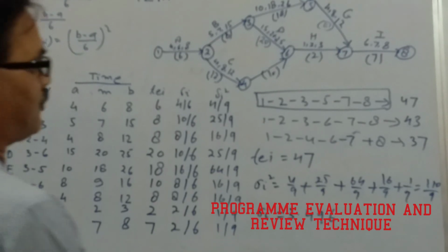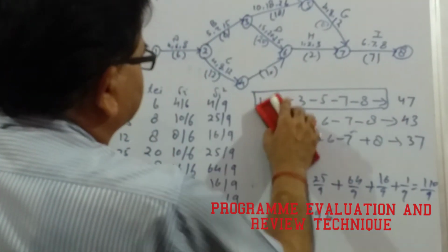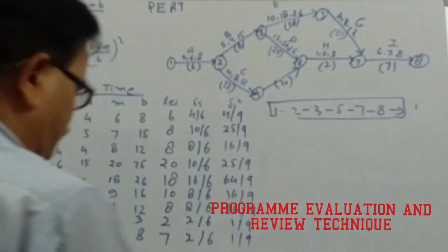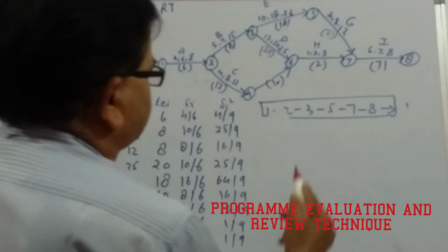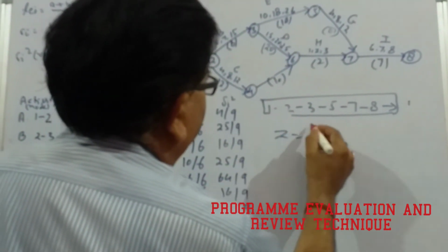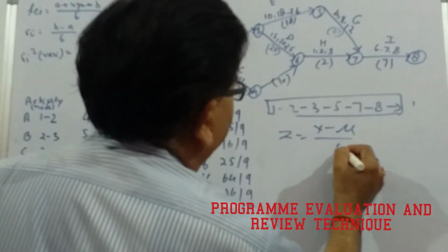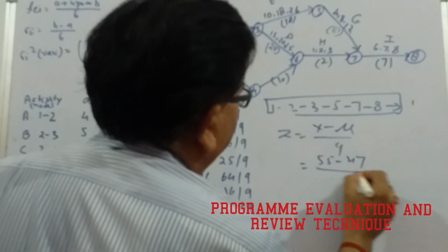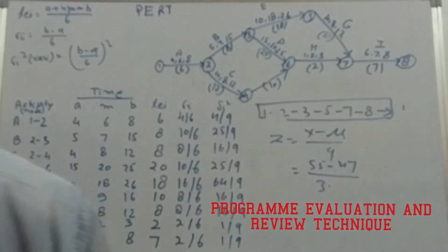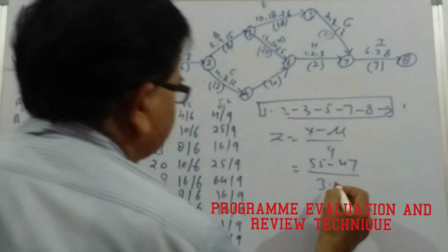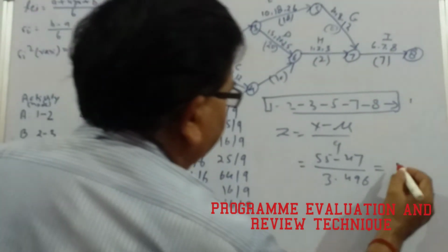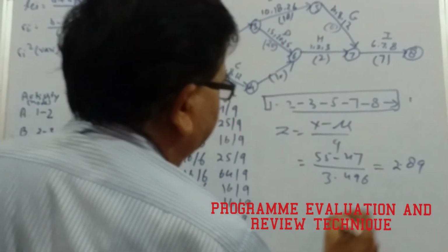Now having calculated this, here we can apply the normal distribution, that is Z is equal to x minus mu upon sigma. So here for this activity, Z is equal to x minus mu upon sigma. So x is 55 minus 47 upon 3.496, and here it comes out to be 2.89.